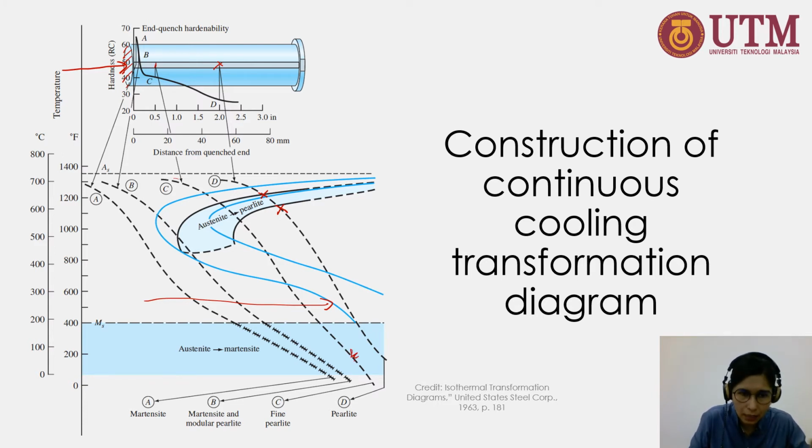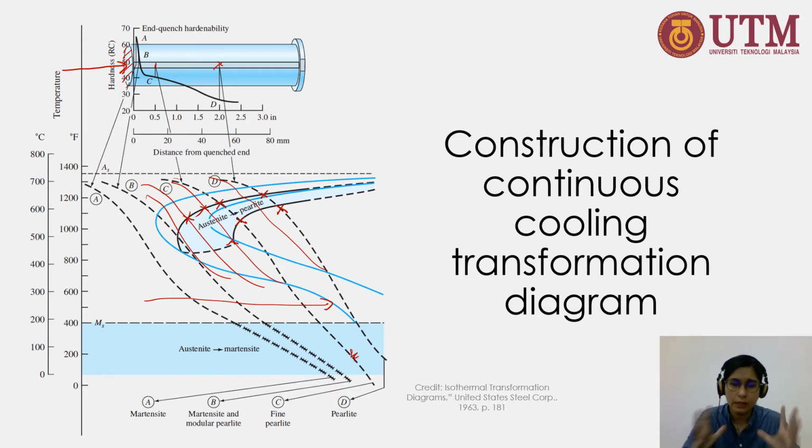They observe under the microscope that the transformation from austenite to pearlite starts at that point and ends at this point. So they do this at different locations and start plotting where it ended and where it started. That's how they construct the continuous cooling transformation diagram.